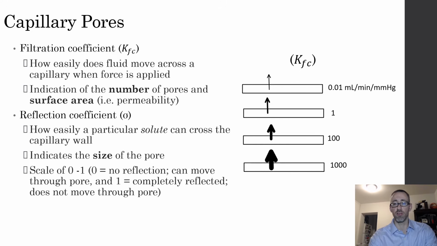If it's very small, for example 0.01 milliliters per minute per millimeter of mercury, that's how much fluid is going to move every minute for a single millimeter of mercury. That's very little, so a very small filtration coefficient. That might coincide with something like the blood-brain barrier, where the permeability is very little.